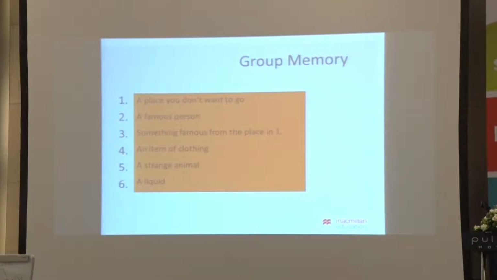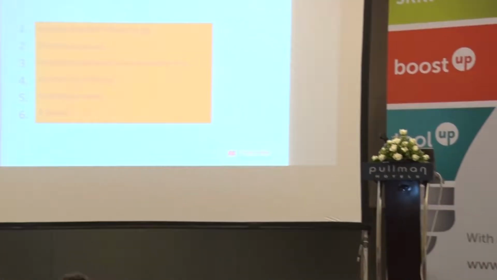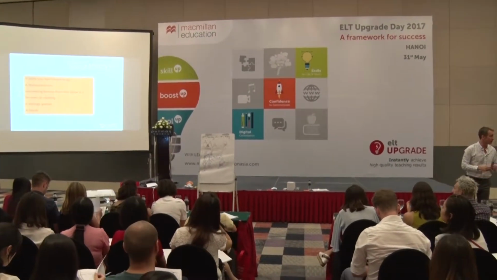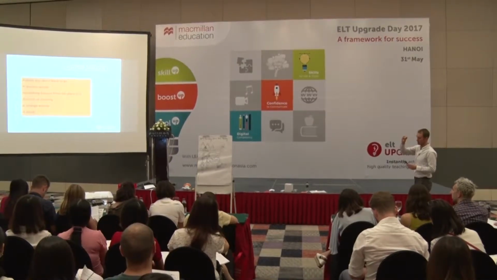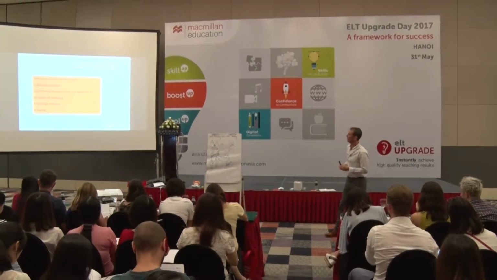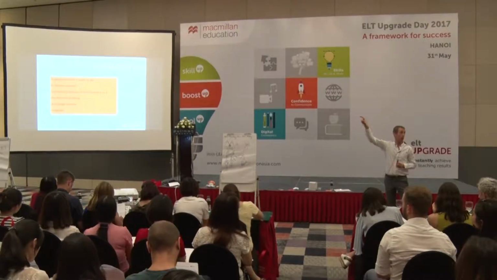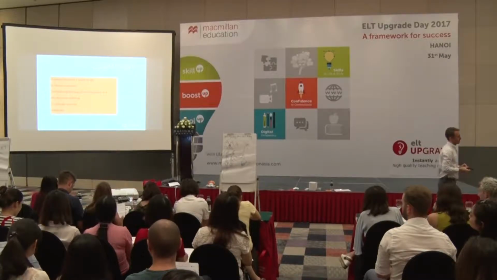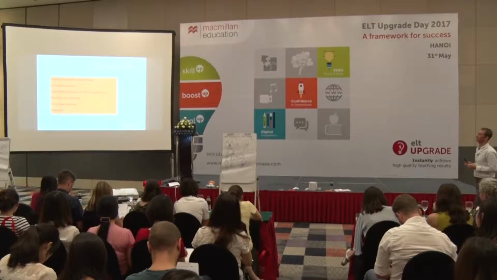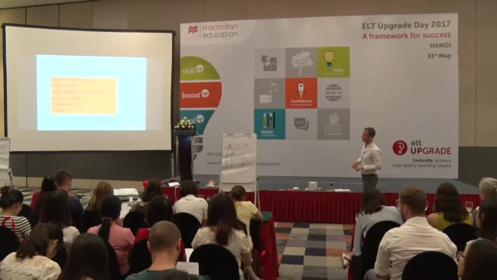So right now it might be Syria, could be. So maybe a country, a place, a location that you don't want to go. Number 2, a famous person. Number 3, something famous from the place in 1. Then an item of clothing, a strange animal, and a liquid.